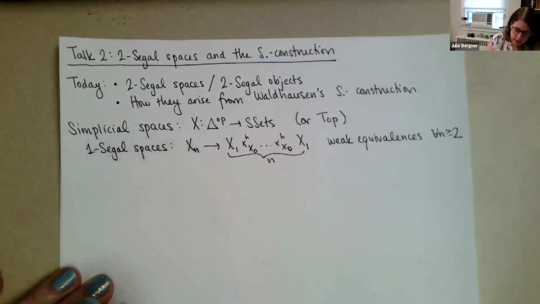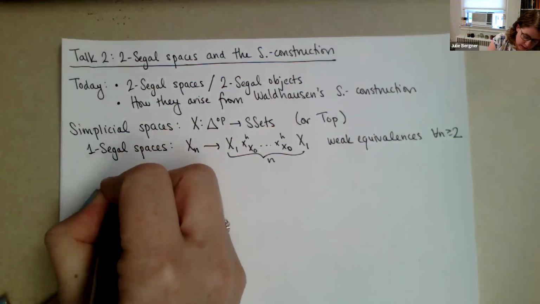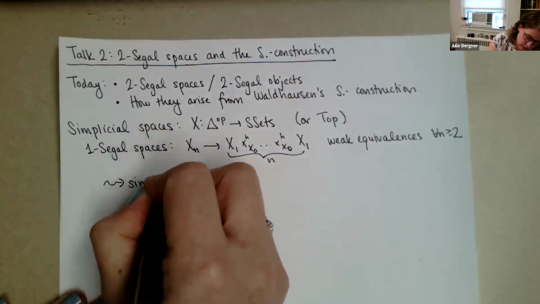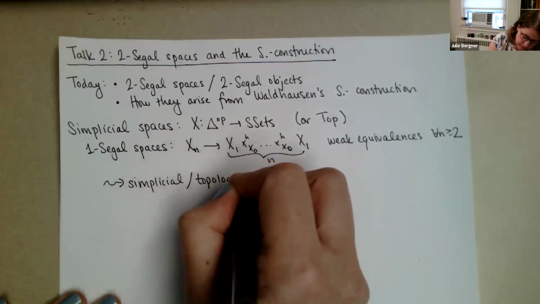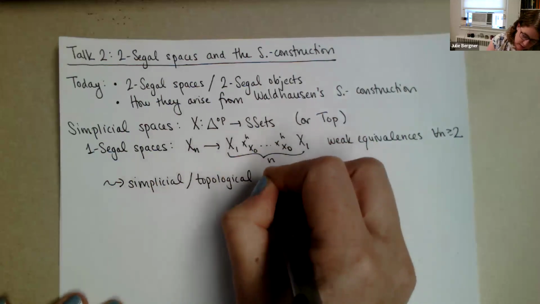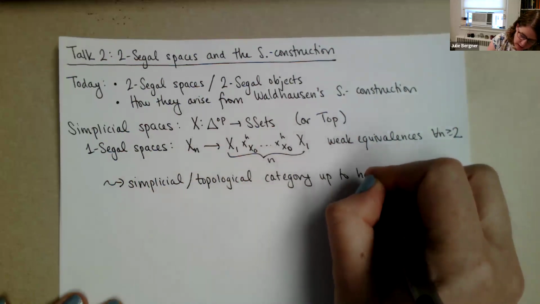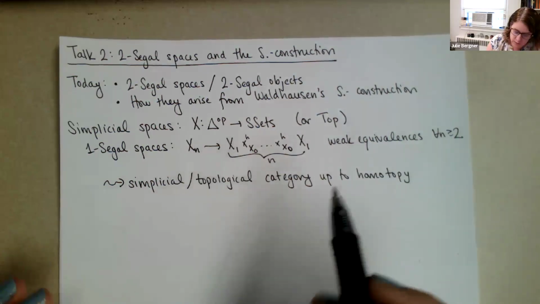And then we talked last time about how one Siegel sets, where these maps are just isomorphisms of sets, are just categories, essentially. They're nerves of categories. And so what we get here are, again, simplicial or topological, depending on your preference, categories, up to homotopy, because we're not asking that these maps be isomorphisms or homeomorphisms.